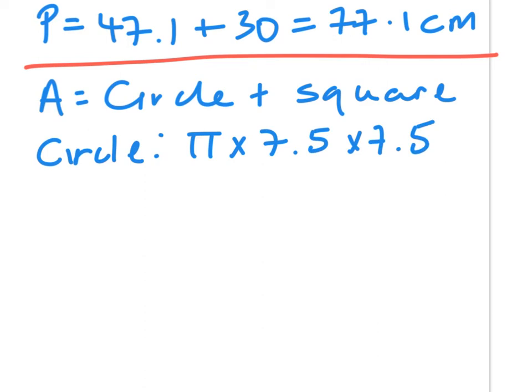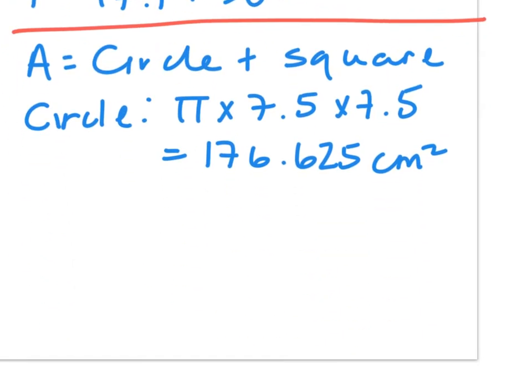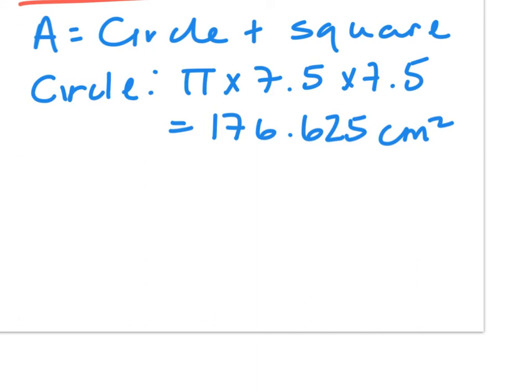Plug it into your calculator: 3.14 times 7.5 times 7.5 equals 176.625. Okay, and that's centimeters squared. I think centimeters is the measure we're using here. That's the circle.